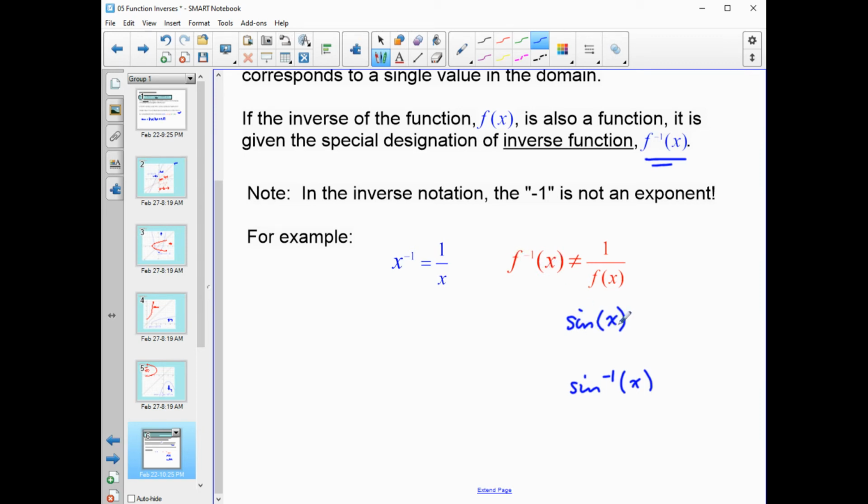Sine of x is a very specific trigonometric function. And you can also have the inverse of sine, which is sine inverse of x. So you're already familiar with this notation. I just want to reinforce that if it's on a variable, x to the -1, of course, that means 1 over x. So that's also something to keep in mind.